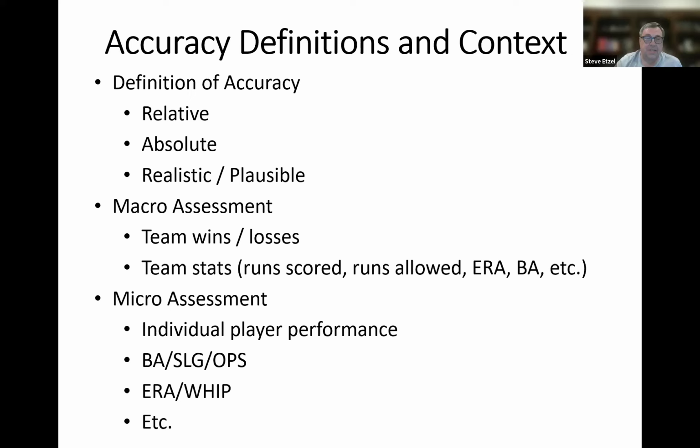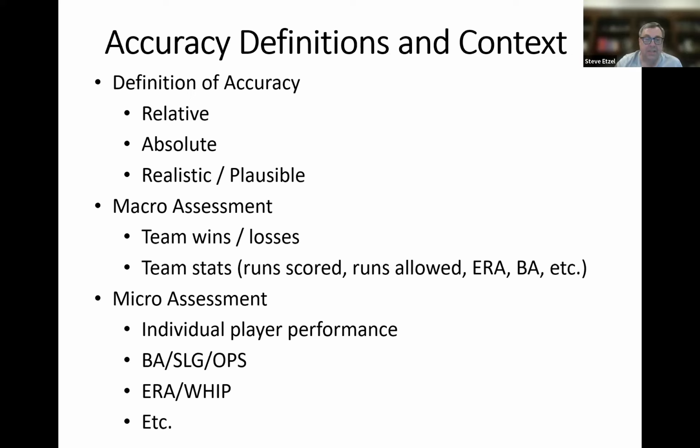You can assess accuracy in different ways. I'm going to talk more about that on the next page, but some of the things you can use to assess the accuracy is, did the team produce the same win-loss record that they had in real life or something similar?